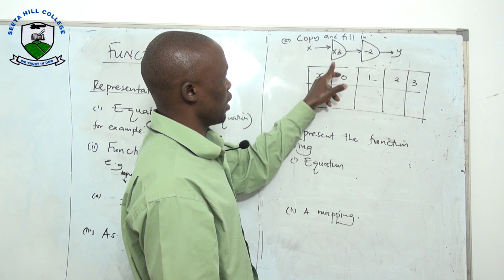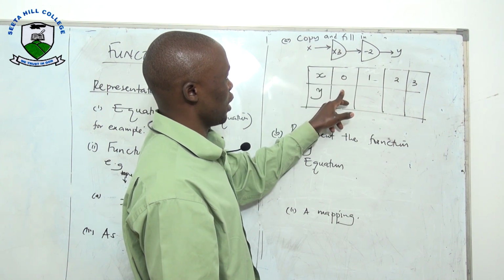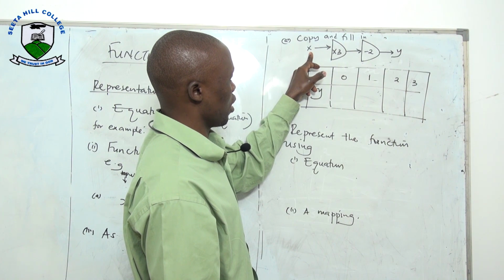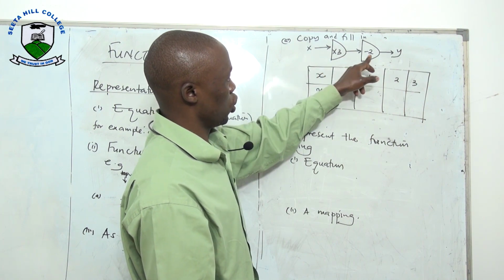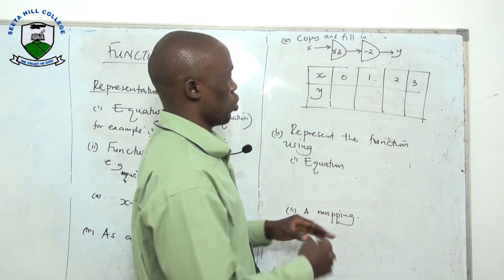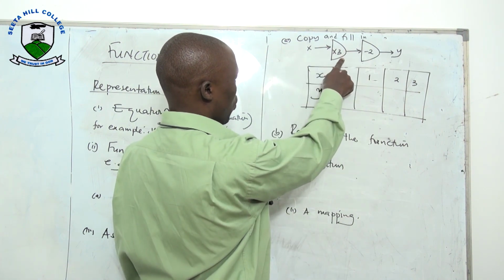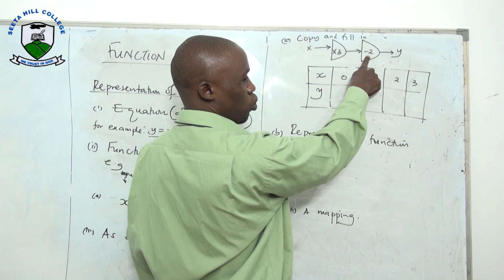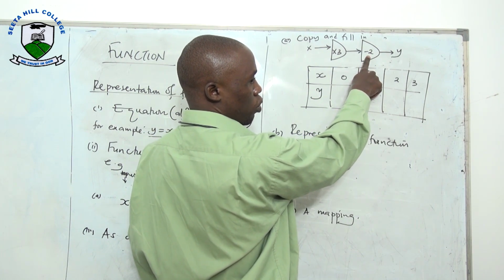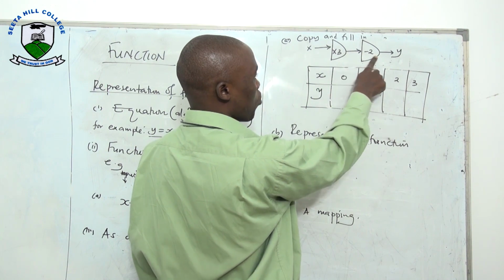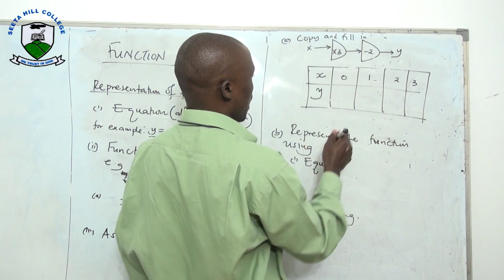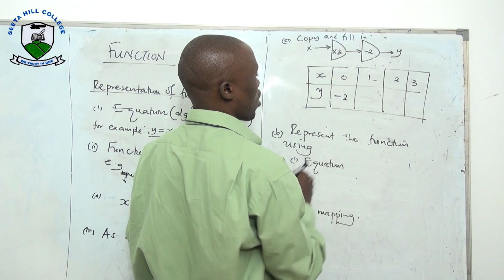You shall have to substitute in for x. Yes, so it will be 0 times 3, giving us 0 minus 2, negative 2. Because the instruction is multiply by 3, then subtract 2.